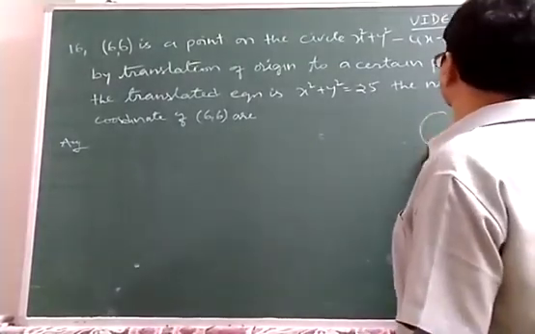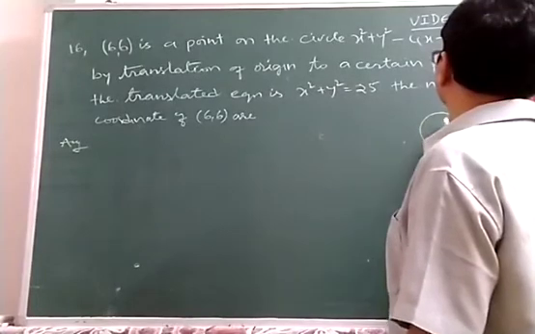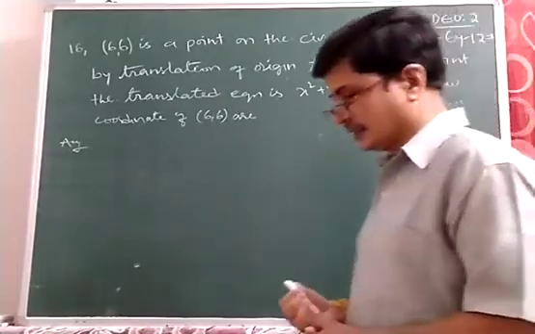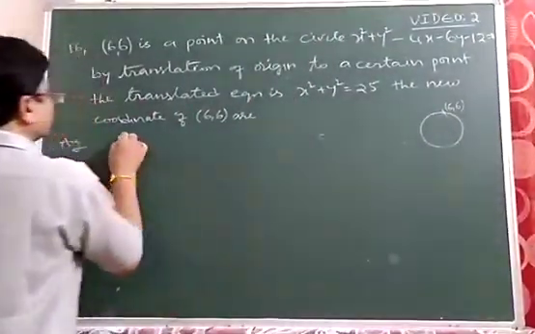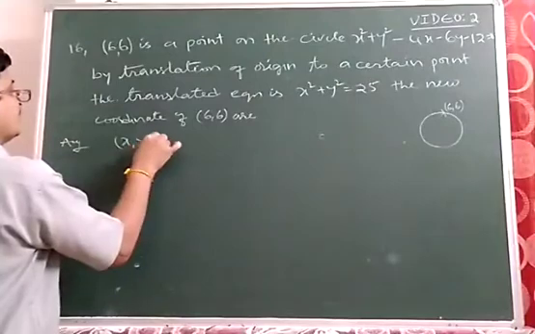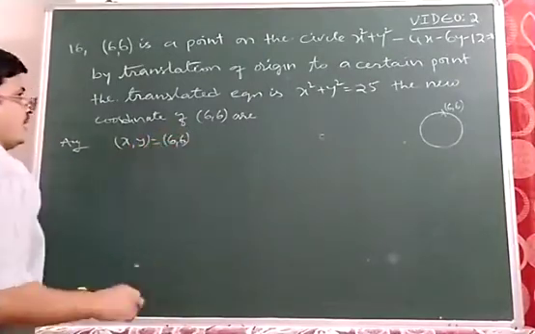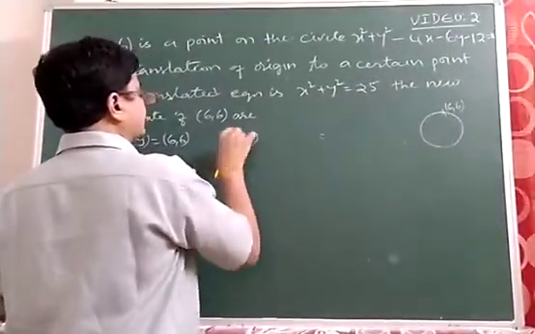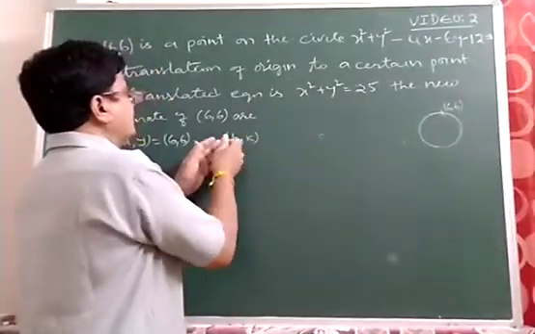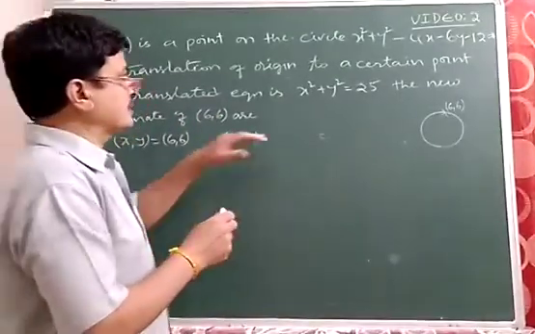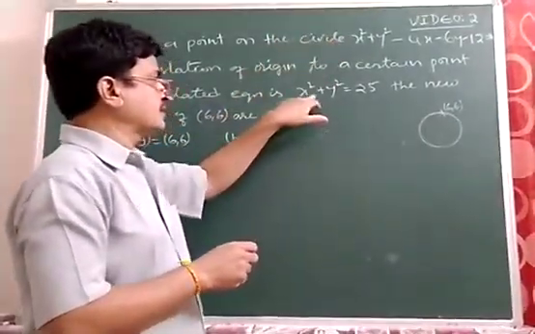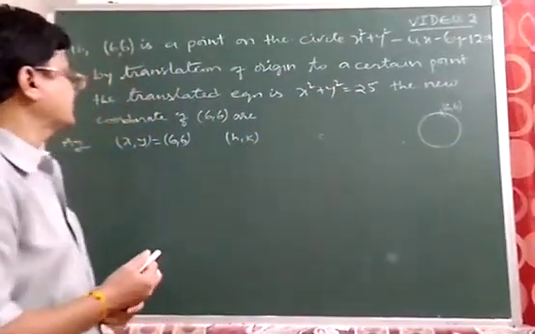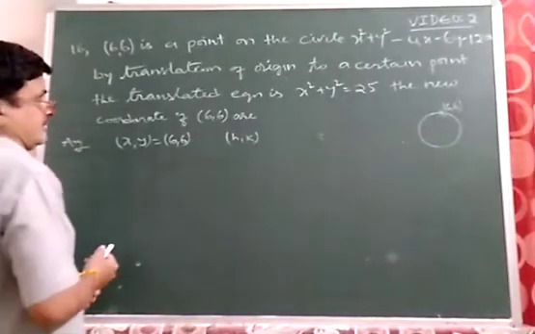That means if this is the given circle, the point 6 comma 6 lies on that circle, so the original coordinates small x comma small y is equal to 6 comma 6. If the origin is shifted to the point h comma k, then the transformed equation of the circle is x square plus y square is equal to 25. Then what are the new coordinates of 6 comma 6?